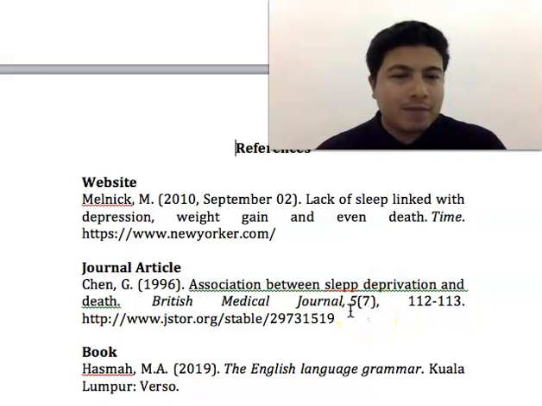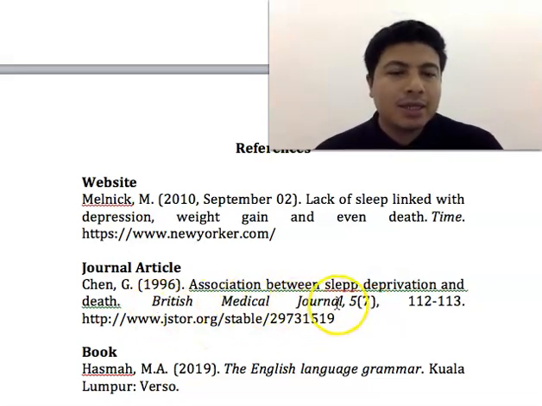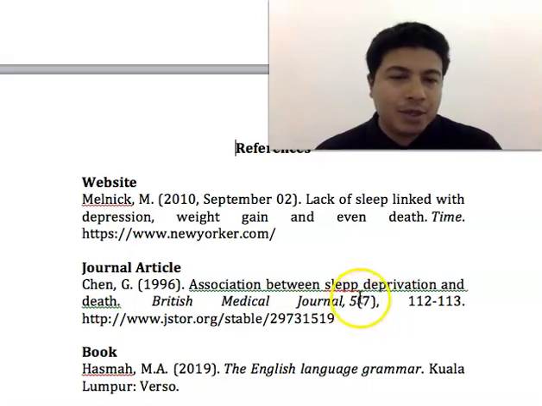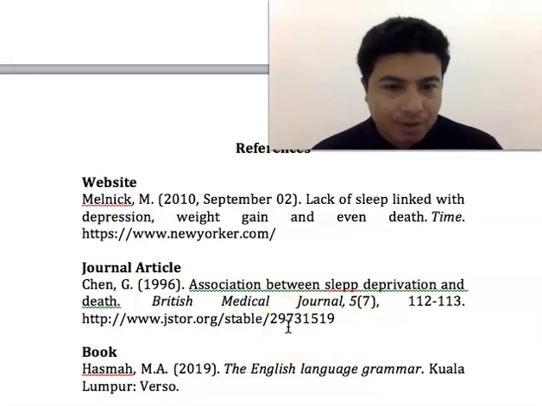So journals have many volumes and many issues. So the name of the journal is italicized together with the volume. So the volume is italicized as well. And then the issue is in bracket, no need to have spacing, comma, the page number, and the website where you get the journal from.